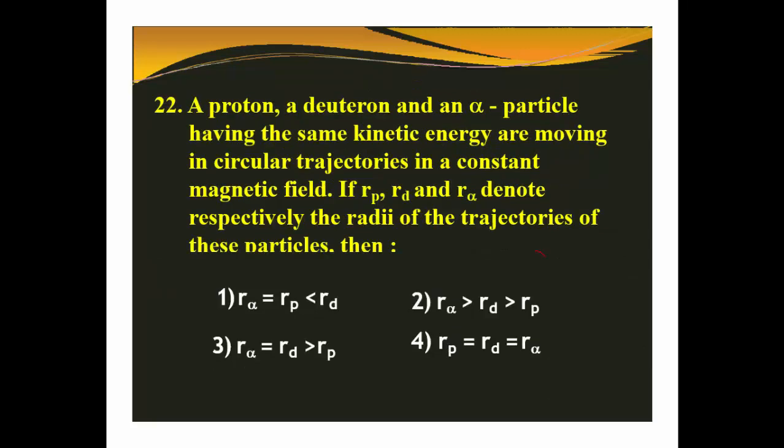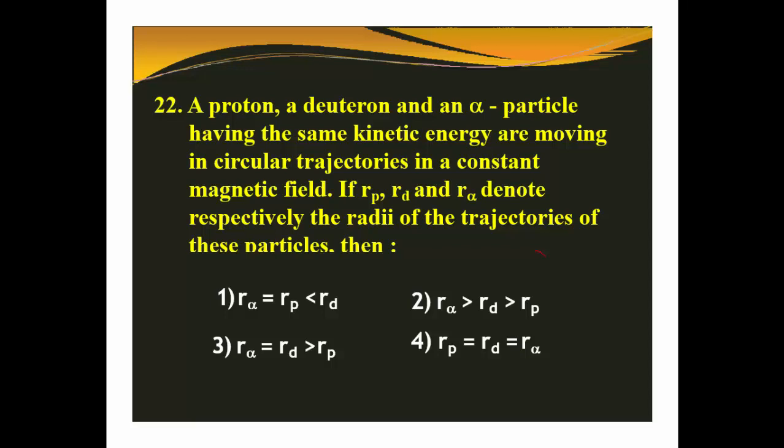Okay, so the next question is, a proton, a deuteron, an alpha particle having the same kinetic energy, important, are moving in circular trajectories in a constant magnetic field. So the magnetic field is constant, all are moving in the same constant magnetic field. What is the radius?